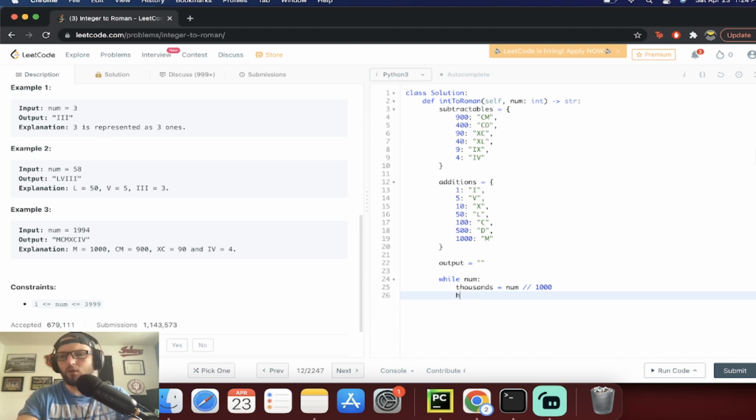Hundreds. Hold up. If thousands greater than 0, num minus equals thousands times 1,000.